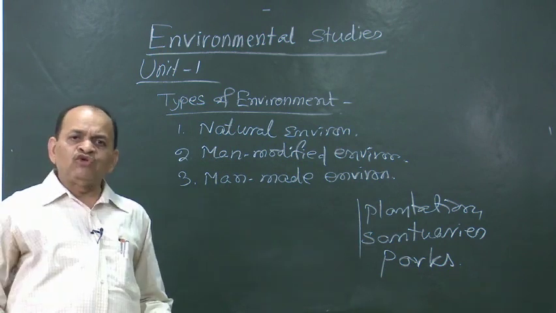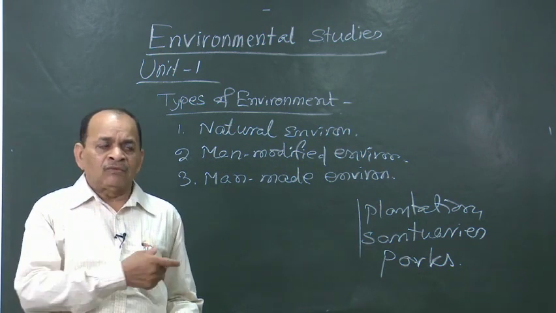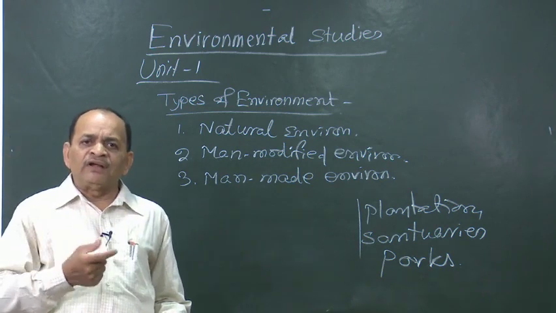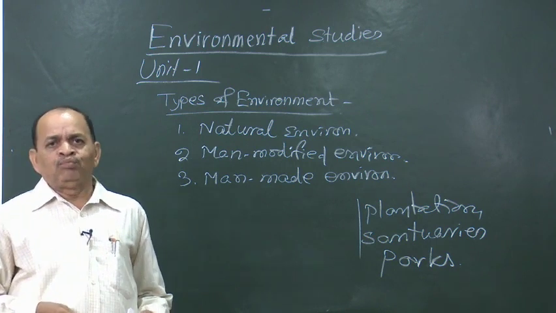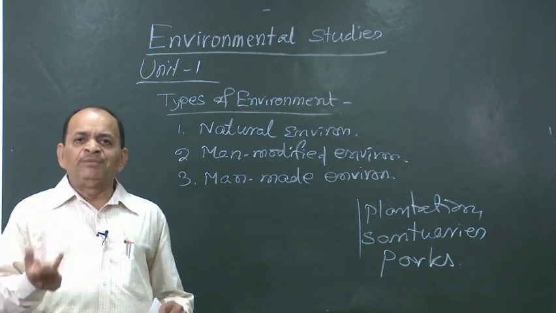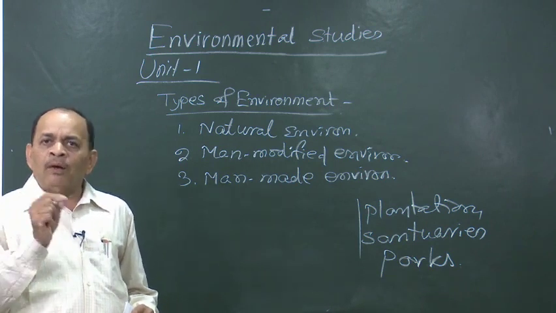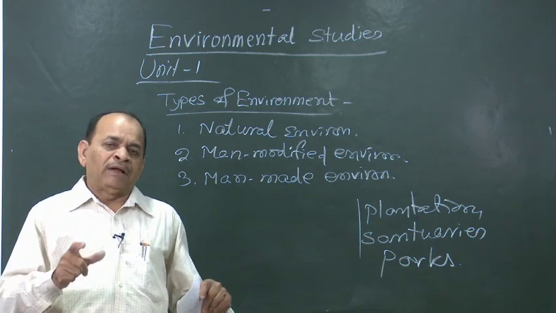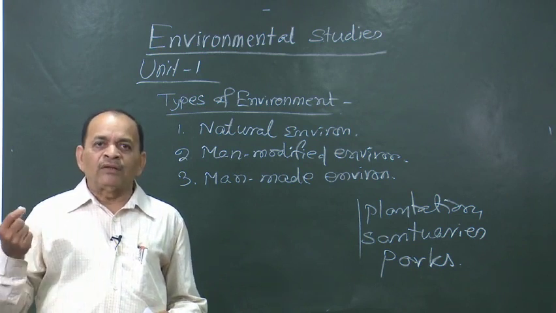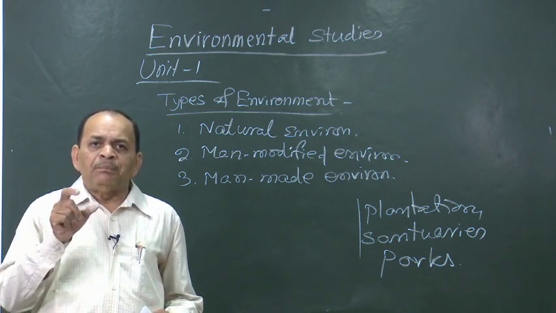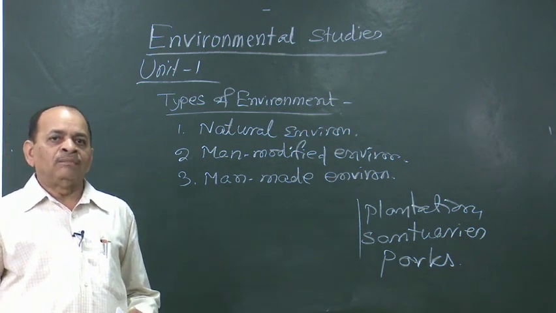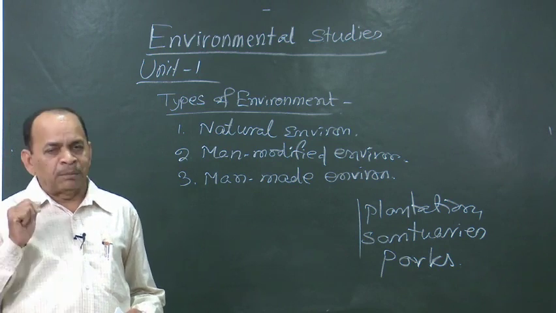Then sanctuaries and parks. As you know, Chandka is an elephant sanctuary. In a sanctuary, the animals live freely and we give them protection, so there is some role of man in maintaining it. And a national park, like Nandankanan. So these are man modified environments. We have modified the already existing natural environment.